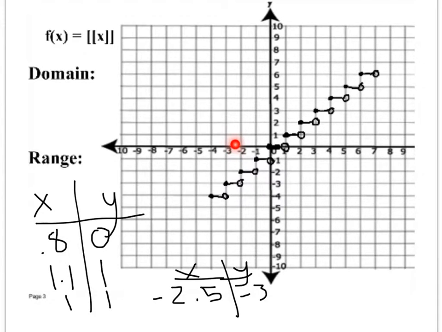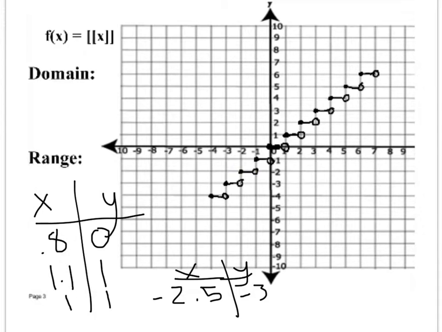It's right here, right? So what's my y coordinate? Negative 3, because that's the greatest integer of negative 2.5. See how negative 2 is not included? Negative 2 would give you a y of negative 2.